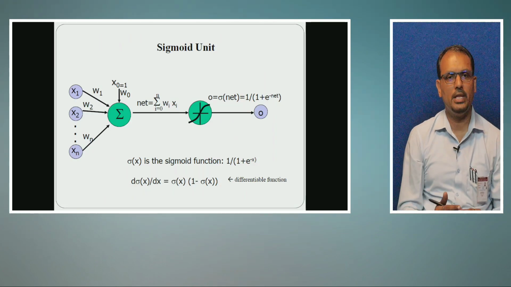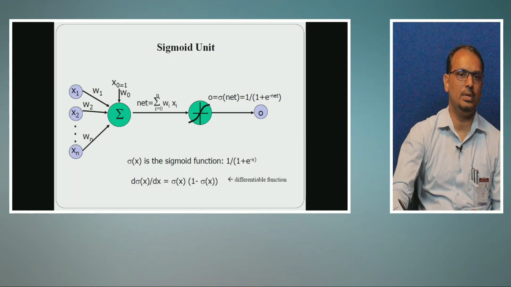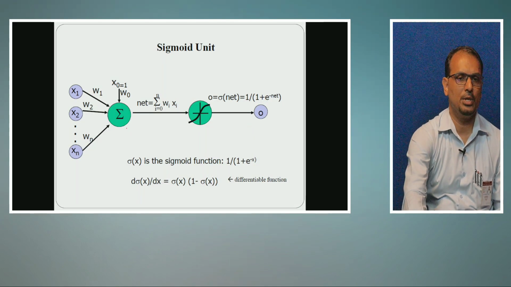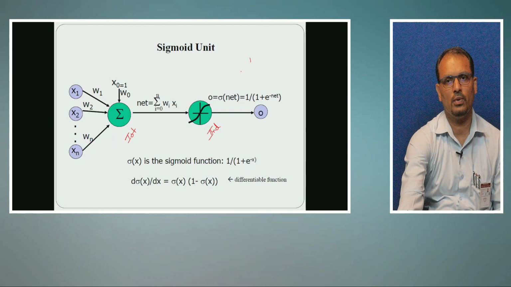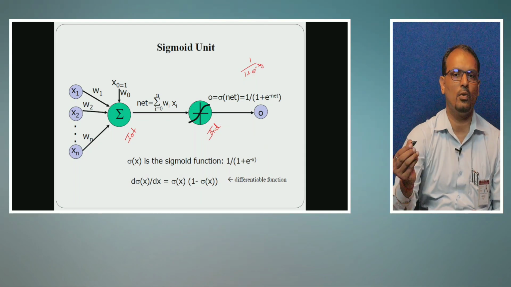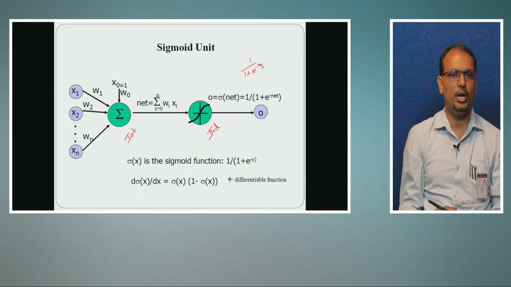Before moving on, all of you are familiar with this single neuron: the summation, the first phase I'm always talking about, and the second phase, the sigmoid function. That sigmoid function I'm going to use in the neural network. The formula is 1 upon 1 plus e power minus x, where x is whatever output you are getting; you can also write it as small y, it's just notation.